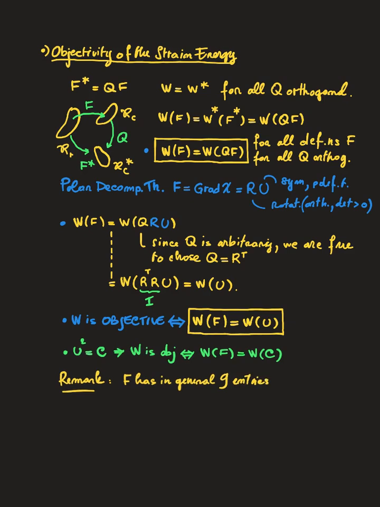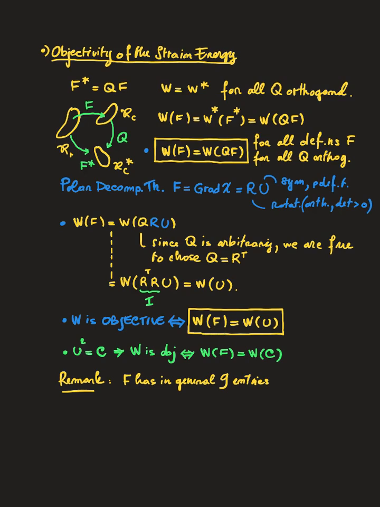So the specification of an energy function of the form W of F would lead us to think that to specify the state of the material response at a given point, you have to provide at that point 9 characteristics defining the deformation.